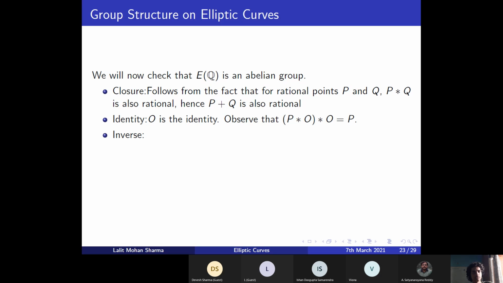So what is P star the reflection of P? If you have P and the reflection of P, and you find the third intersection point, what would that be?